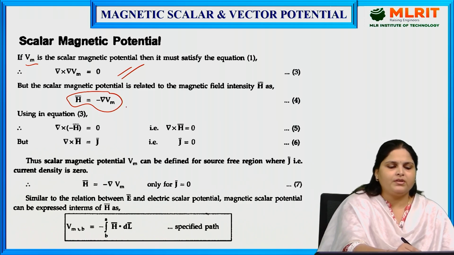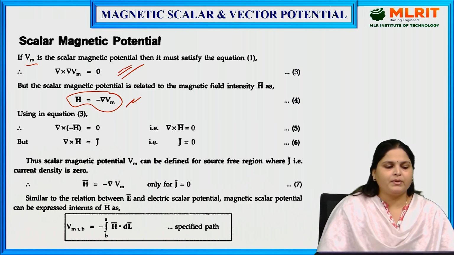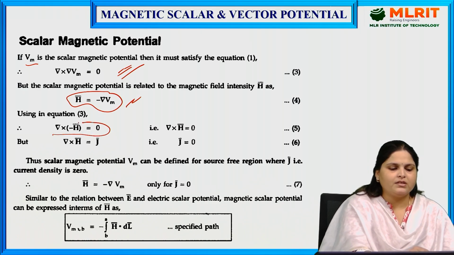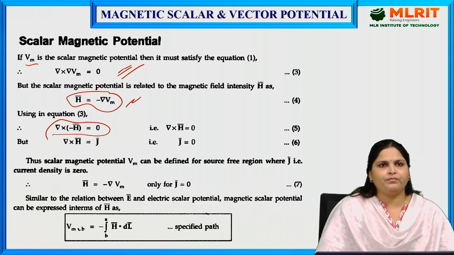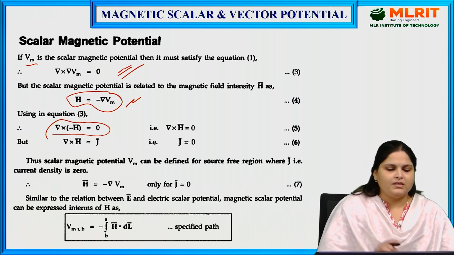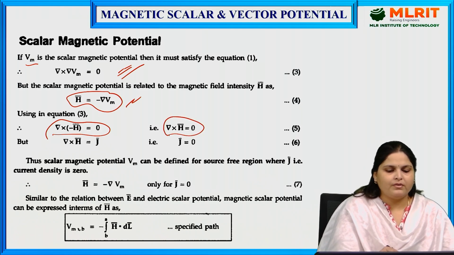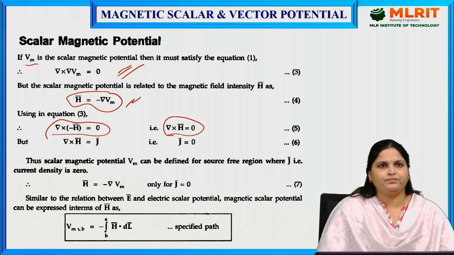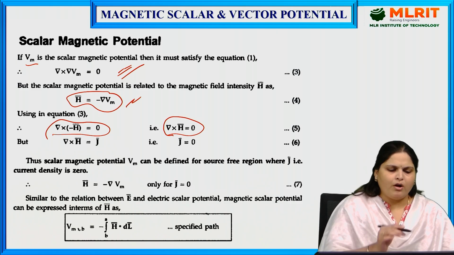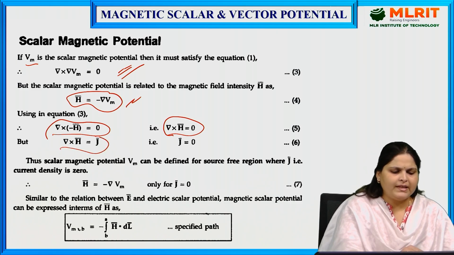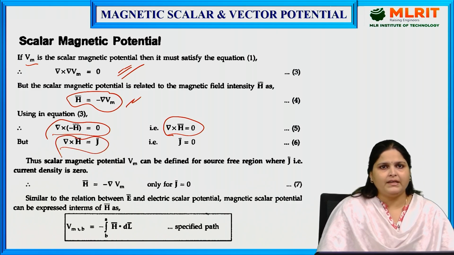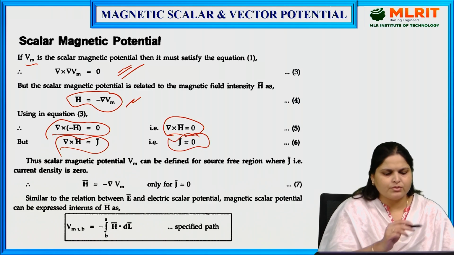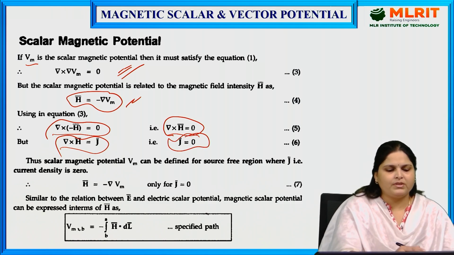Putting this into the equation, it becomes del cross minus H is equal to 0, since del cross H is equal to 0. But we also know that del cross H is equal to J, which means J is equal to 0.